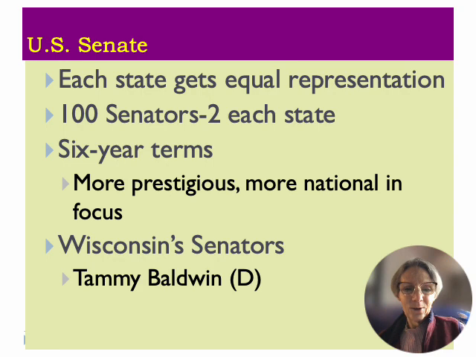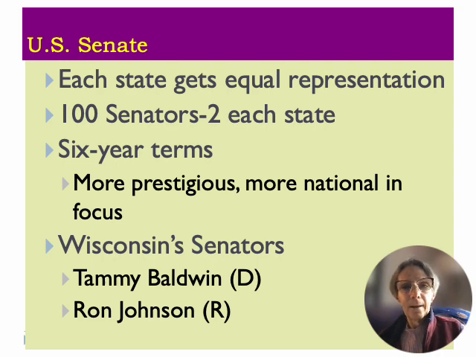Our two senators are Senator Tammy Baldwin and Senator Ron Johnson. They are an interesting pair because, much like you would expect from Wisconsin, which is a purple state, half and half Democrats and Republicans, you see that represented in who we've elected for our senators.